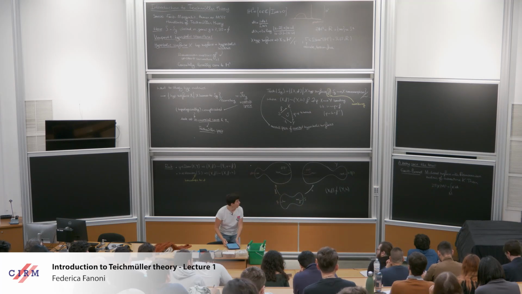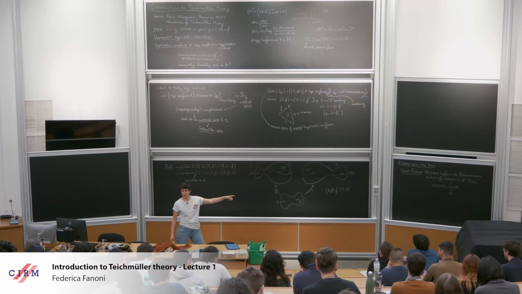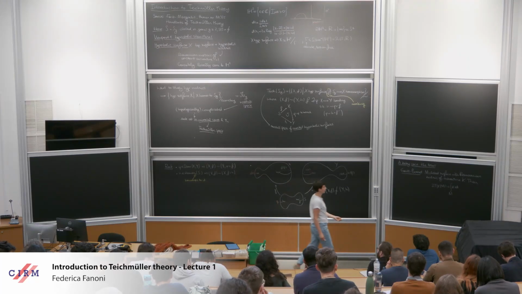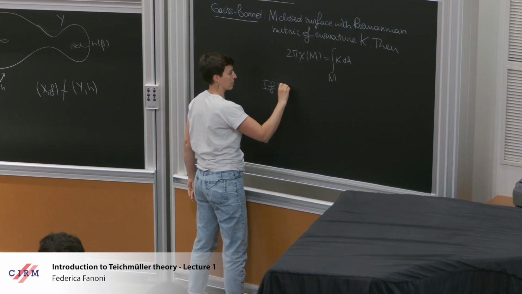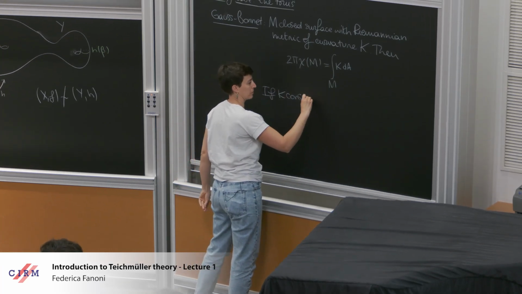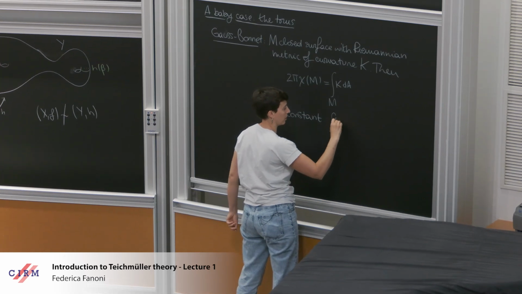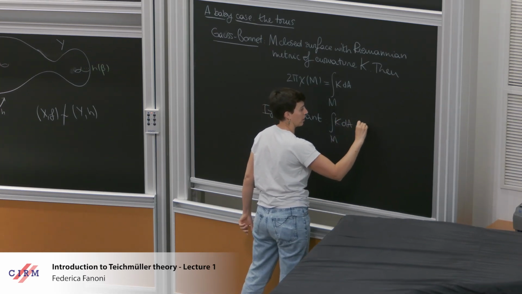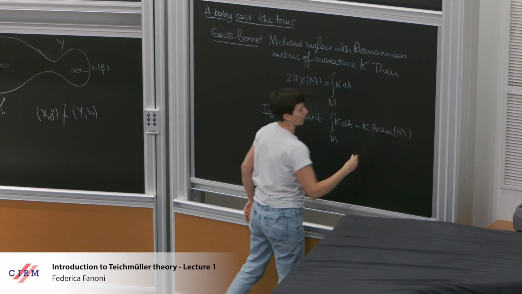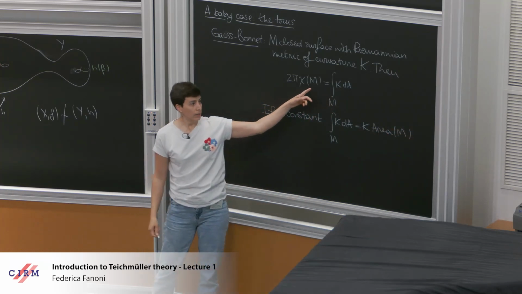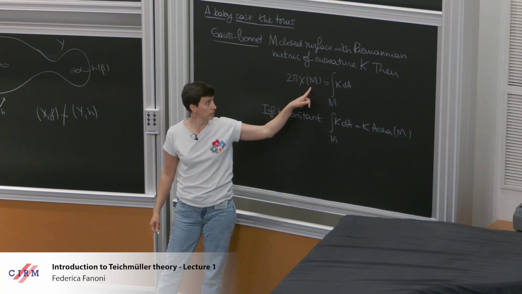So if K is constant, the second part is just the area times K. Okay, so that means if I have the torus, the Euler characteristic is 0.